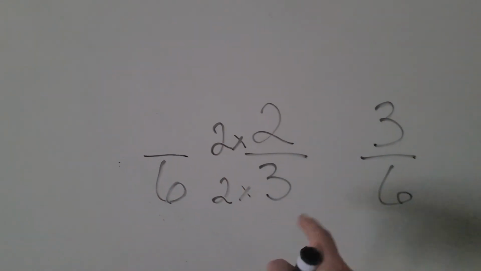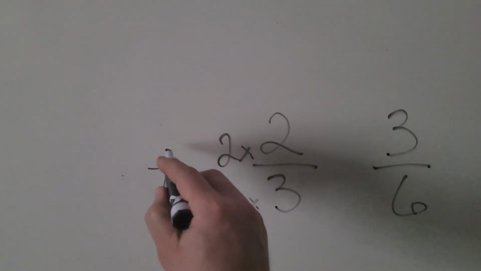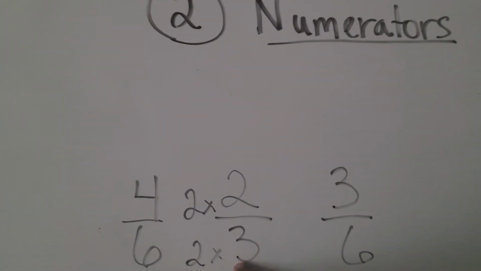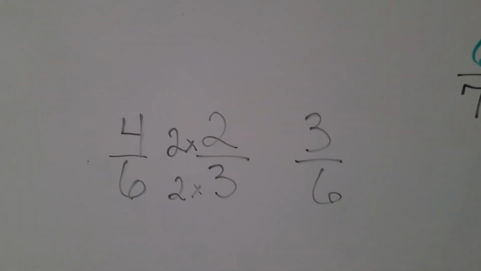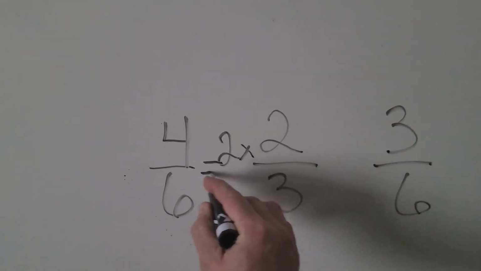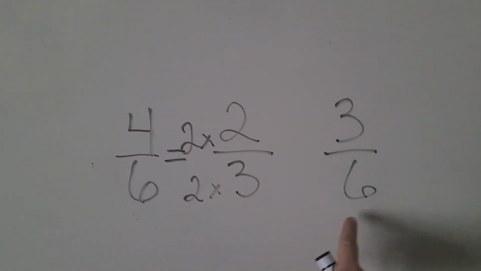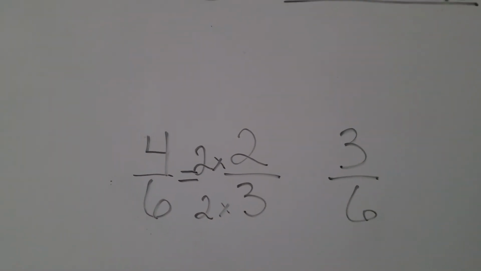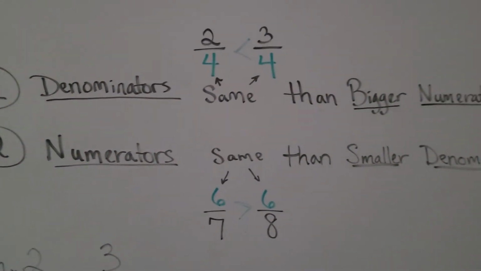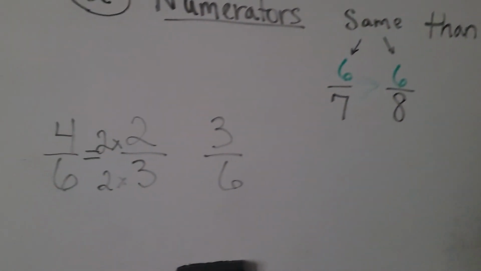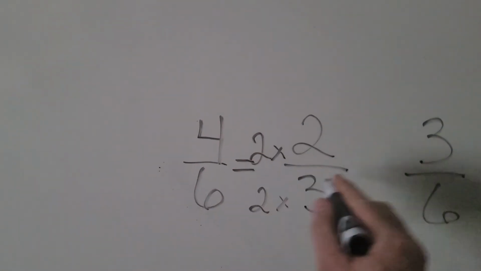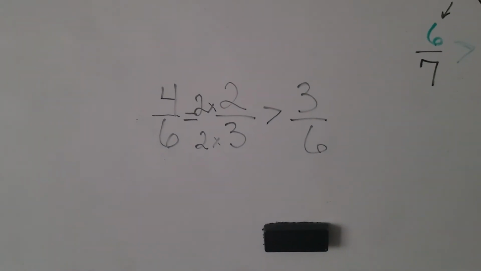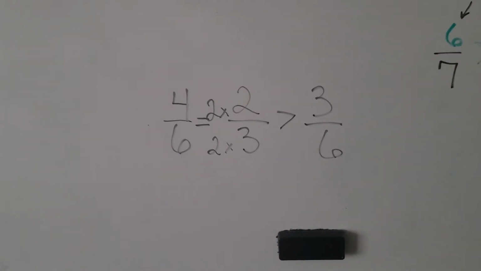This is how we get equivalent fractions. So 2 times 2 is 4. So 2/3 is the same thing as 4/6. Well, if that's true, and now we have the same denominators to compare, then we just go to rule number 1. Denominator is the same, then we go with the bigger numerator. So between 3 and 4, 4 is greater than 3. So that's one way to do it.